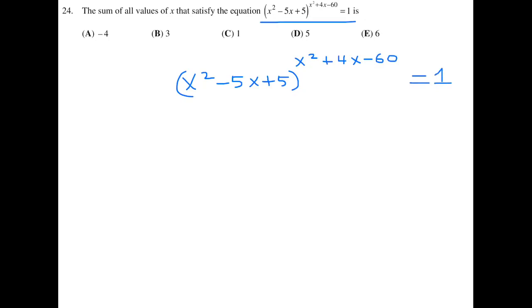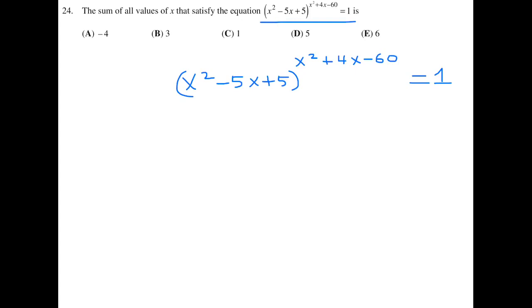The sum of all values of x that satisfy this equation is... So this equation is basically (x squared minus 5x plus 5) to the power of (x squared plus 4x minus 60) equals 1. All right, so how do you approach this? Is there anything that we can do to simplify this?